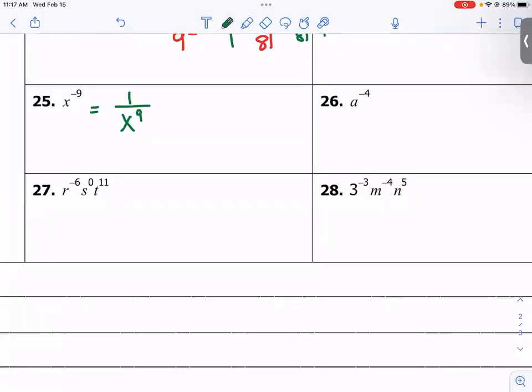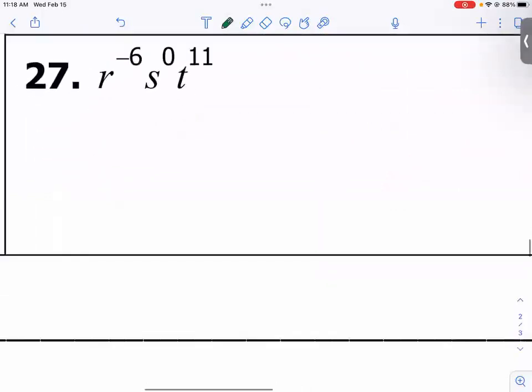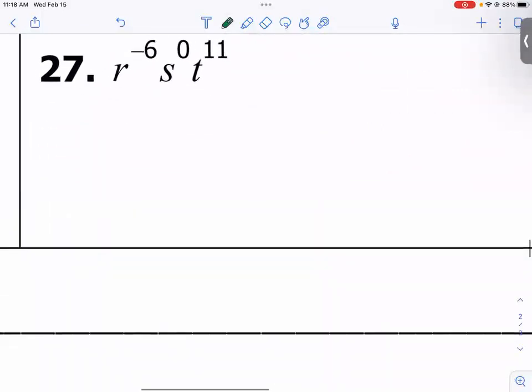A to the negative 4th is just, everybody, okay, that's not really quite the response I was hoping for. 1 over a to the 4th. All right, now 27. What a great problem.